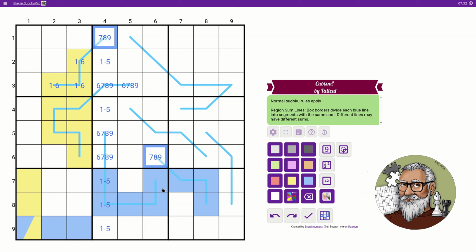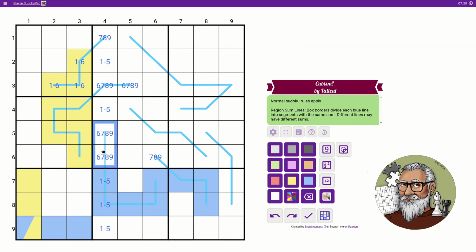Now this is interesting. This definitely has a 6 or 7, doesn't it? Because we can't have 1, 2, 3, 4, 5 anymore. I'm going from one to the other, but when I was looking at this, I don't know if I can do anything with that. Well, yeah, I can.